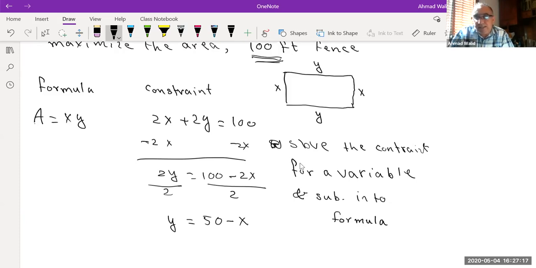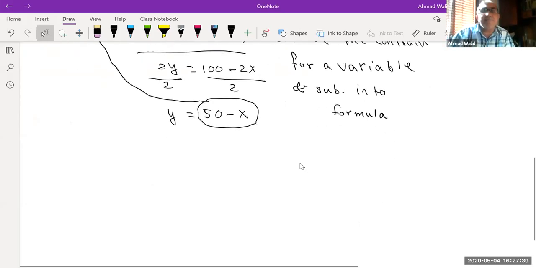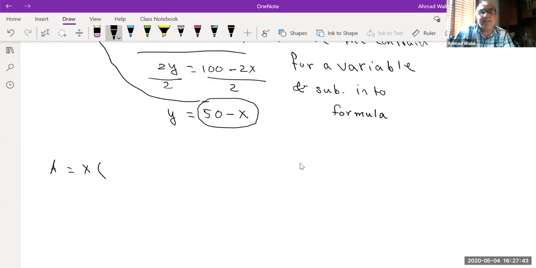Use the constraint equation for one variable and substitute this value in the formula. I will substitute the value of y in my formula. Then my formula becomes A equals x times (50 minus x).